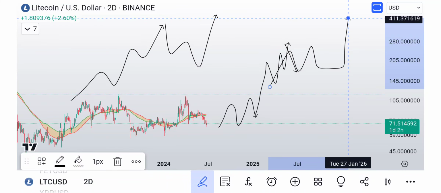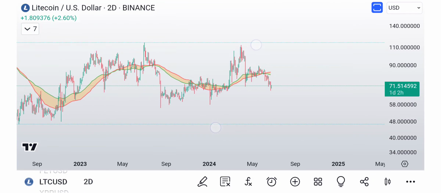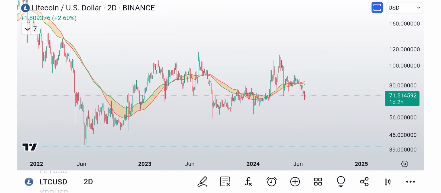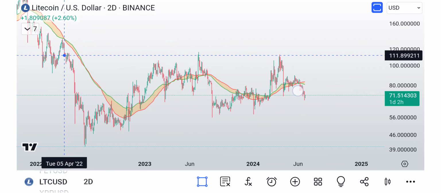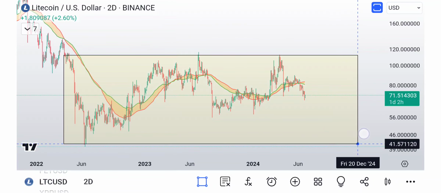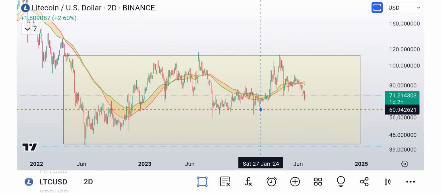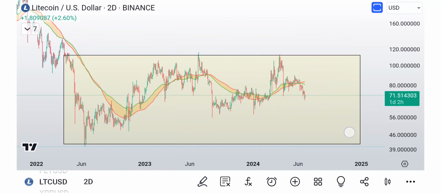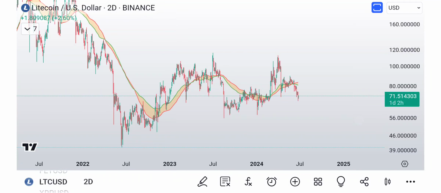So just keep that in mind as well. So yeah, since this structure here is the reaccumulation structure, we're going to want to see some bullish price action in here, or some bullish patterns, right? So we have a 1-2-1-2 potential. So let's see how this plays out.